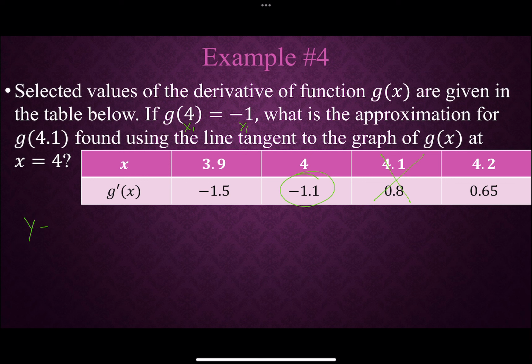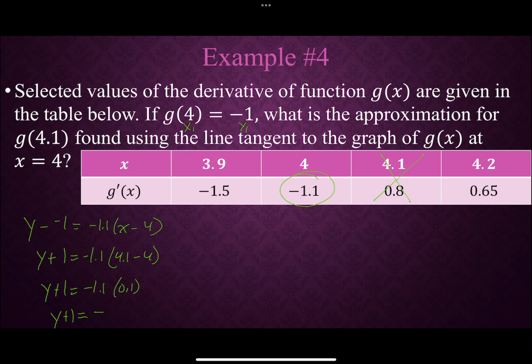So it's our y minus y1 equals m times x minus our x value. So that becomes y plus 1. Again, we fill in our 4.1, the one that we're trying to approximate. So we get negative 1.1 times 0.1. So we multiply negative 1.1 times 0.1.